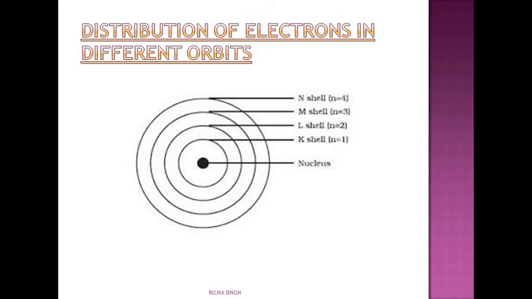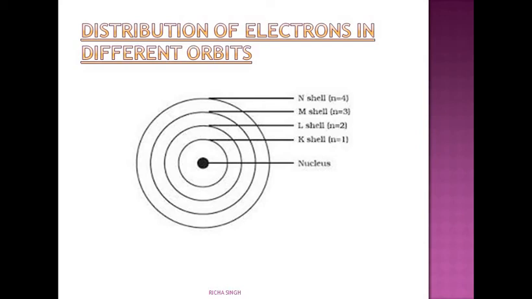You know there are 4 shells K, L, M and N that are numbered as 1, 2, 3 and 4. Now distribution of electrons in different energy shells of an atom is controlled by a scheme, that is the Bohr-Bury scheme. What this scheme says is that the orbits in an atom, represented by K, L, M, N, are arranged in order of increasing energy levels.